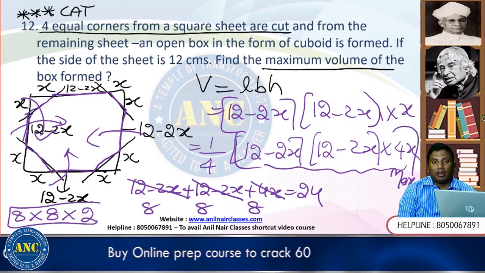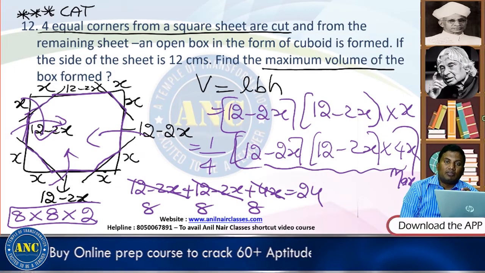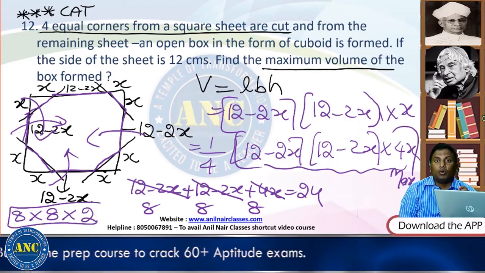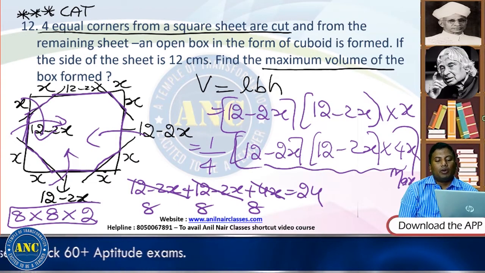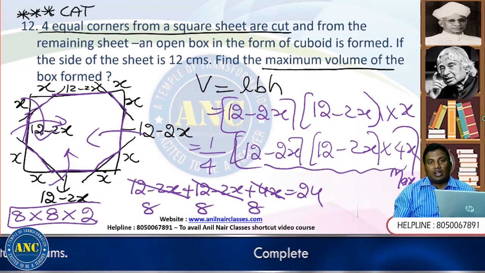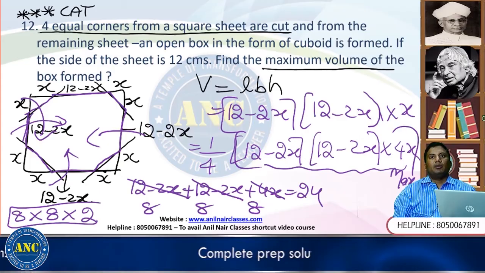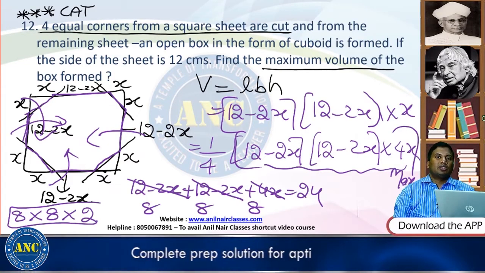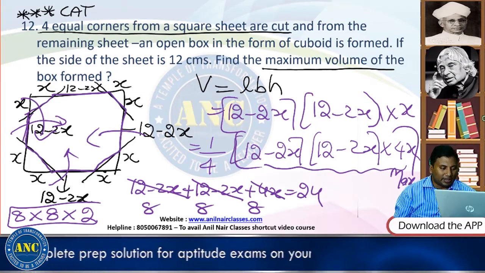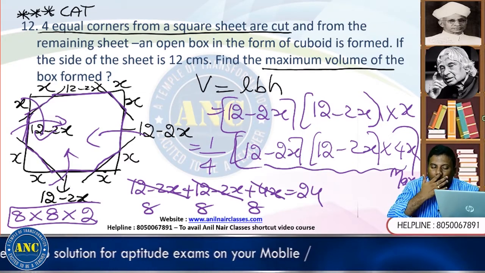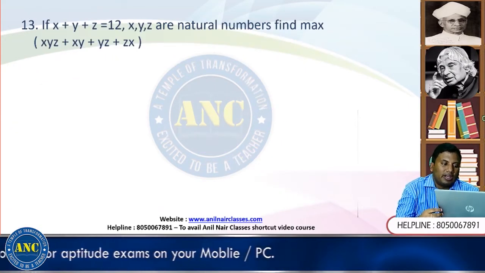Multiply and divide by 4, because the product of the variables is maximum only when the sum of the variables is constant. 12 minus 2x plus 12 minus 2x plus 4x is 24. Sum of three variables is 24, so each value is 8. 12 minus 2x is 8. 8 into 8 into 2. I hope it is clear.